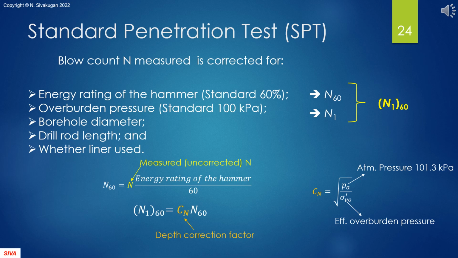When we do an SPT at a certain depth, we get an N value. From that, we can compute N1, N60, and N160. Always check what N we are referring to.